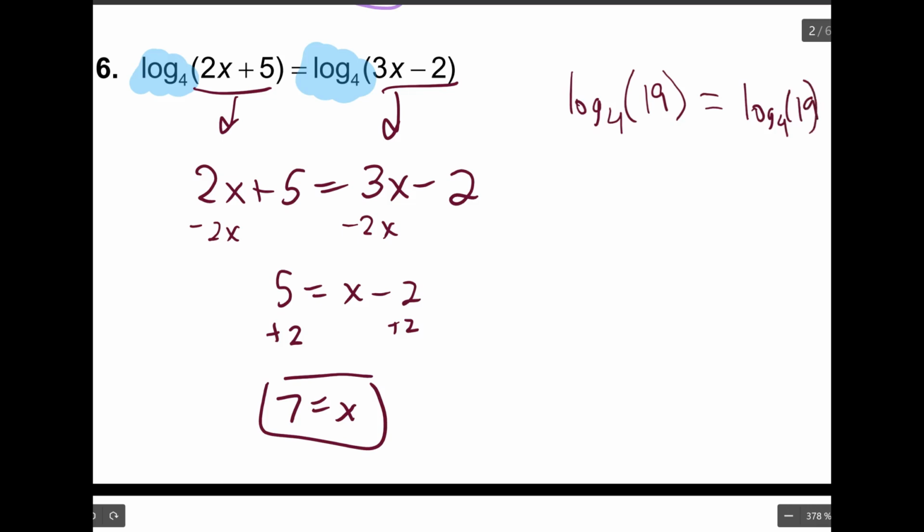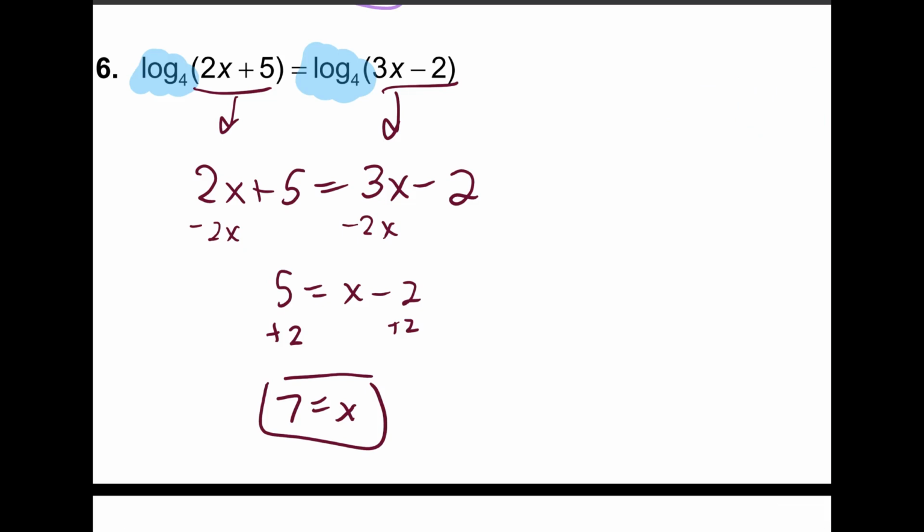Why didn't you just get rid of the log because it had the same base? It's kind of like a teeter-totter or a seesaw. For it to be perfectly balanced, whoever's on the right side, their clone has to be on the left because it's the same weight. Here, I have this equal sign between the left and right side.